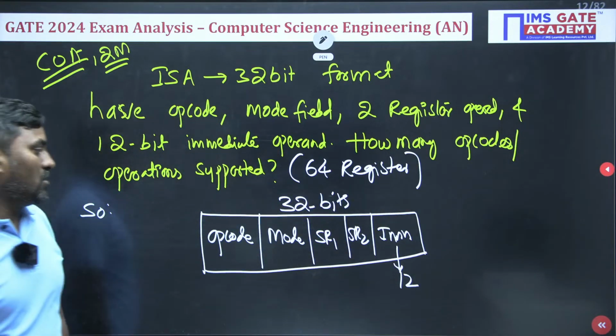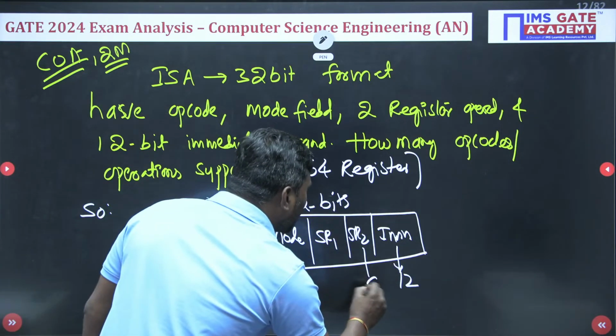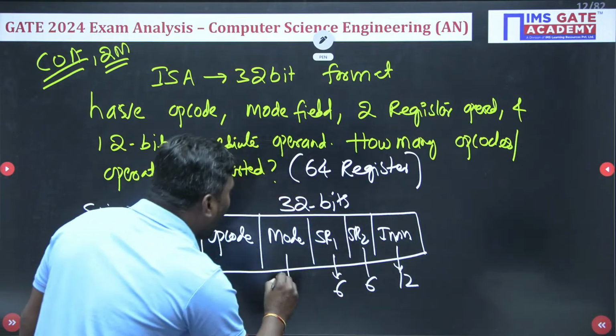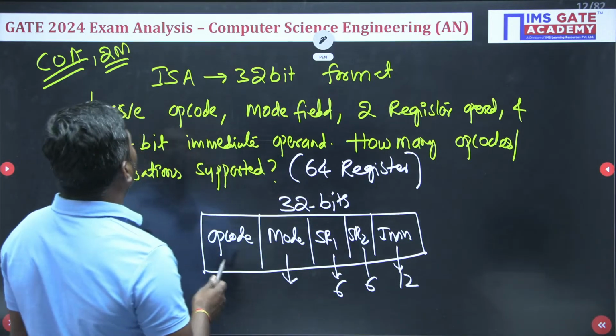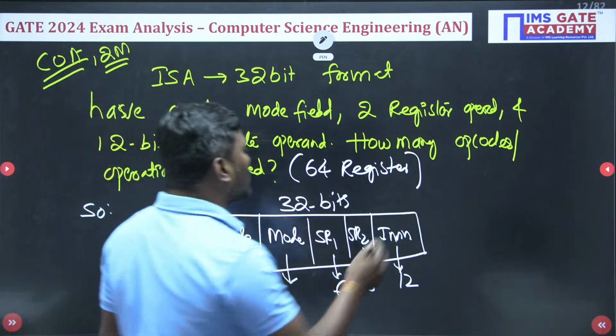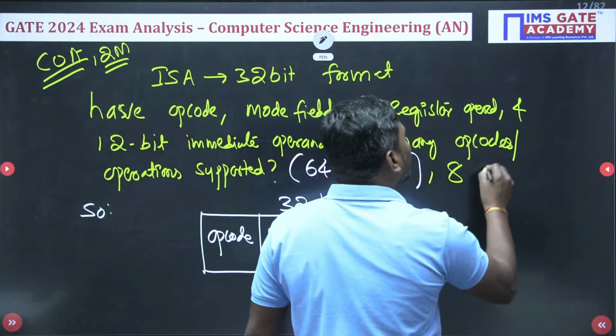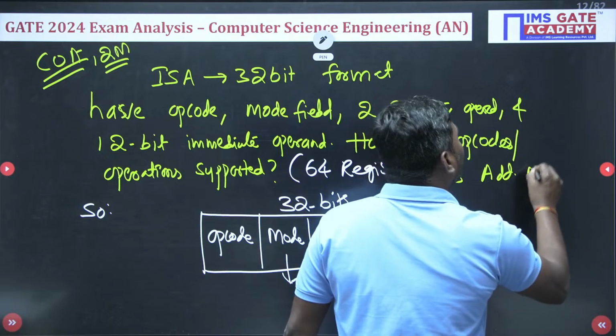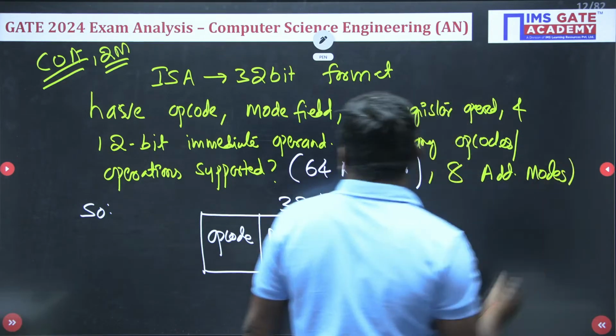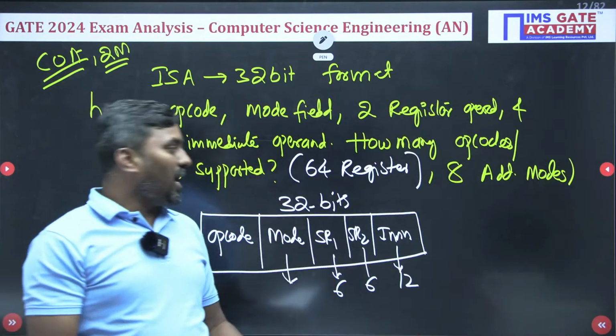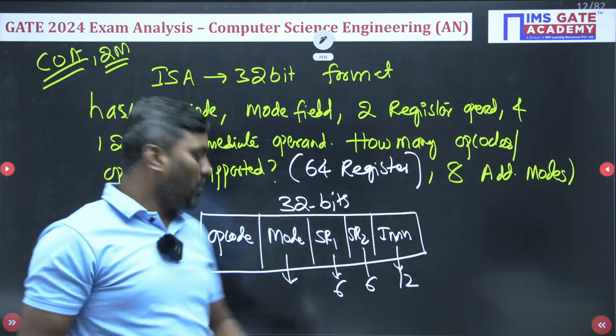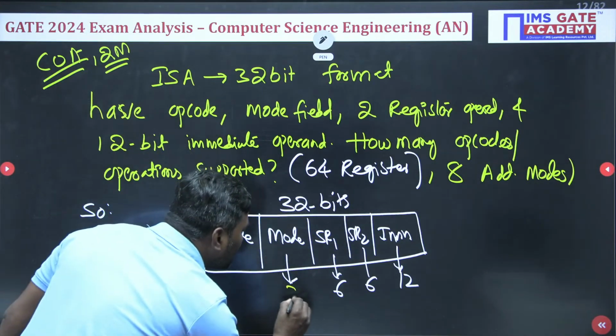So each register field takes 6 bits. For the mode field, they also gave that there are 8 addressing modes, so 3 bits are required.